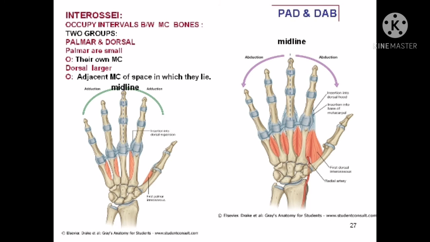The middle finger is taken as the midline, or the standard, and along this middle finger their actions are considered. So the palmar are adductors, PAD, and the dorsal are abductors, DAB. This is the formula used for these two groups.